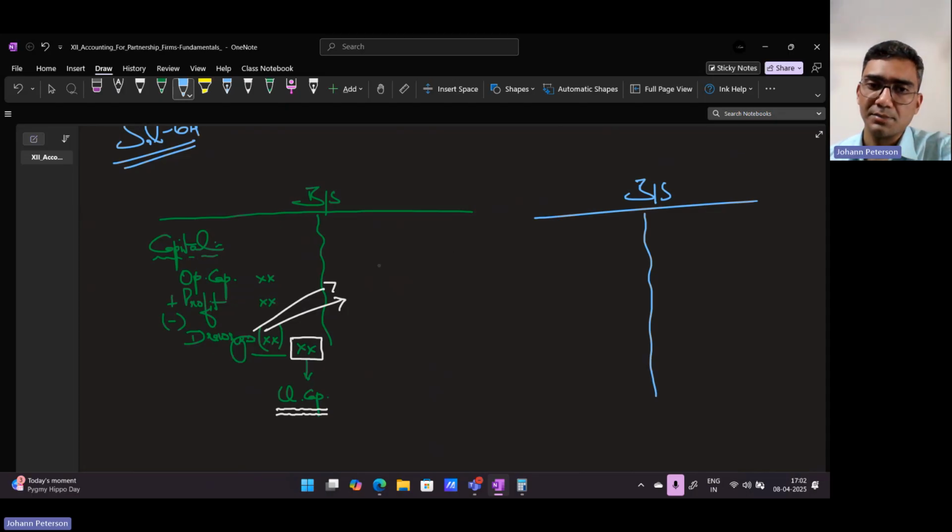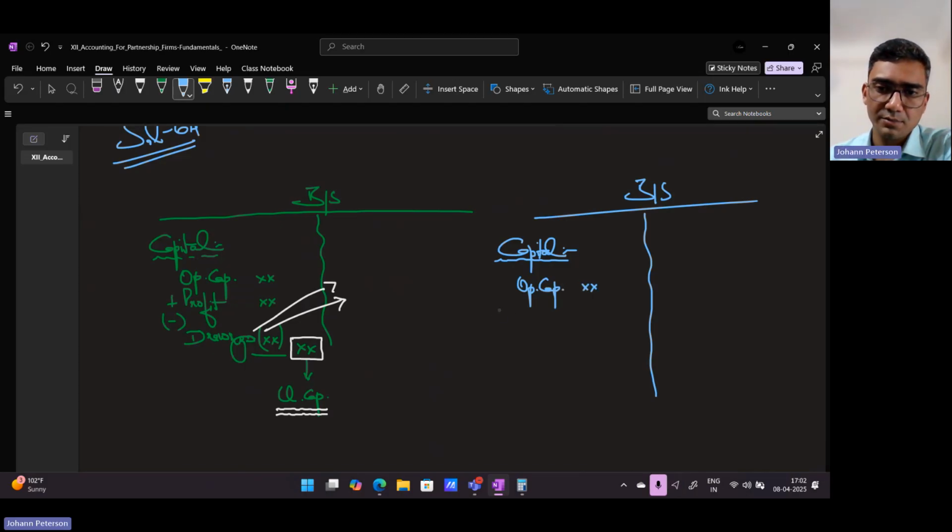In class 11, we had seen that we write the heading capital. Under this, the first thing that we write is opening capital, whatever is given to us. To this, we add our net profit.